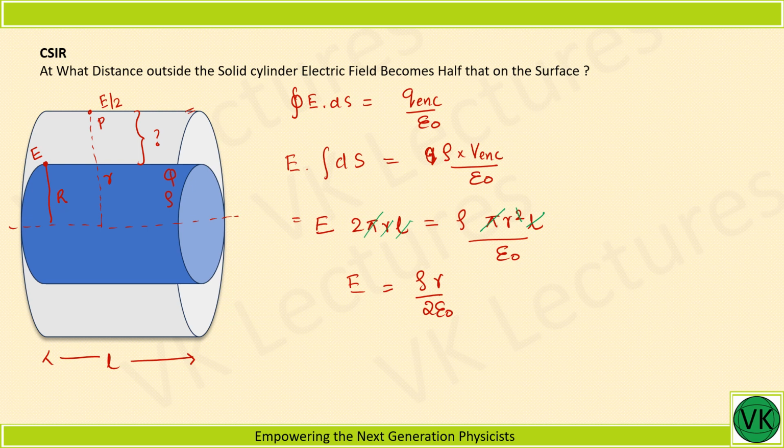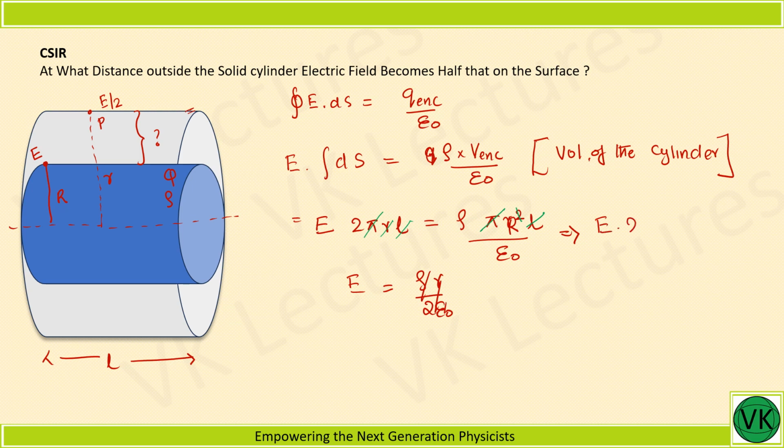This is capital R, because this is the radius of the cylinder. Volume enclosed, here we need to write the volume of the cylinder. So that's pi R square, so r doesn't cancel.